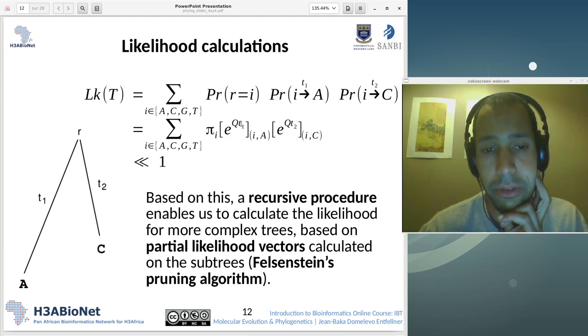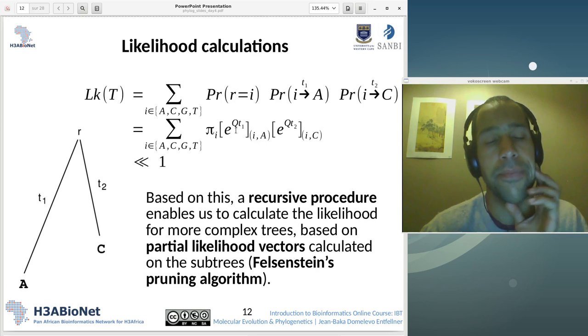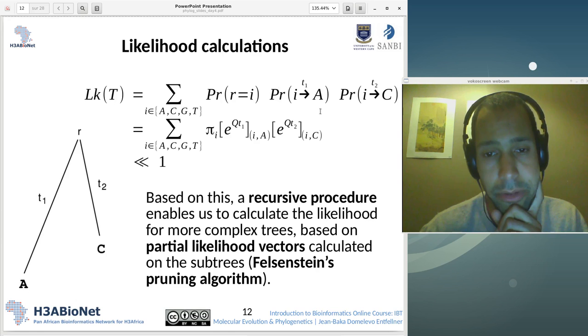Q multiplied by t1 is a matrix. Its exponentiation leads to a matrix also, and you take in that matrix the value that is on line I, column A, to get this probability. Similarly here, you get this information from the matrix e^(Q t2).